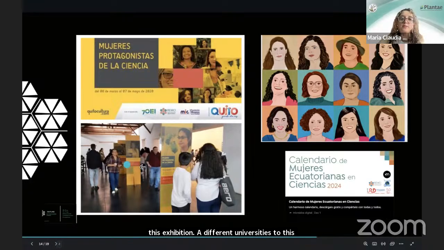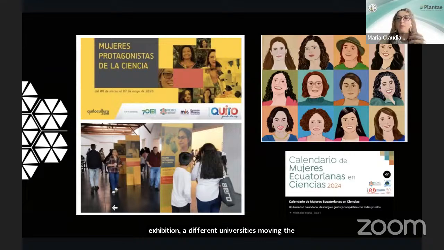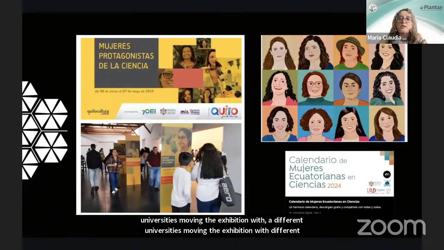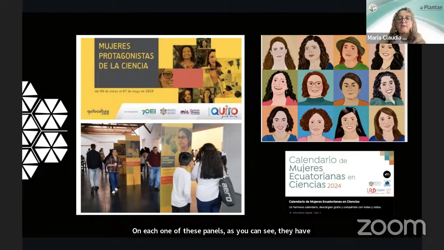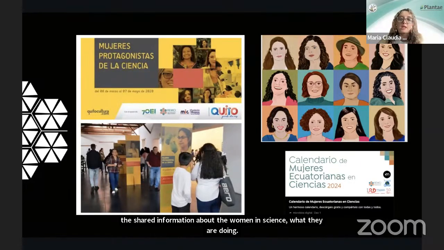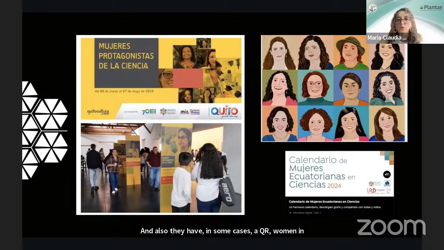Each of these panels, as you can see, has short information about the women in science and what they are doing. In some cases they also have a QR code where they can get the rest of the information, the papers and science information about each one of these women in science.